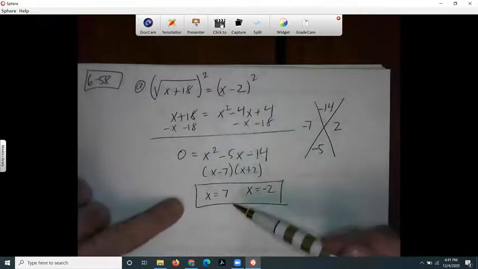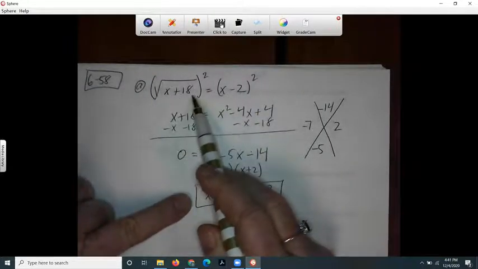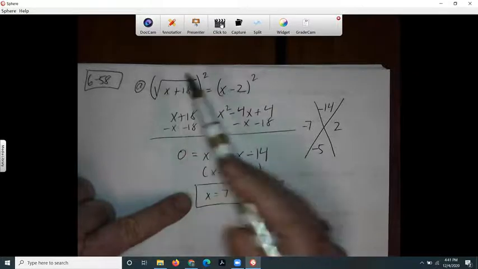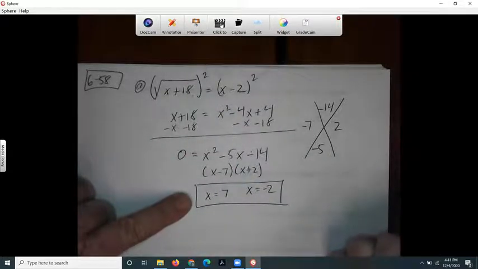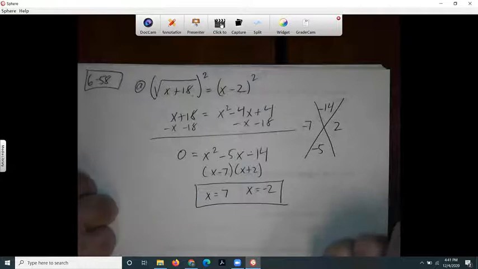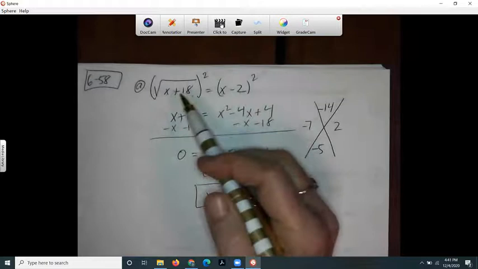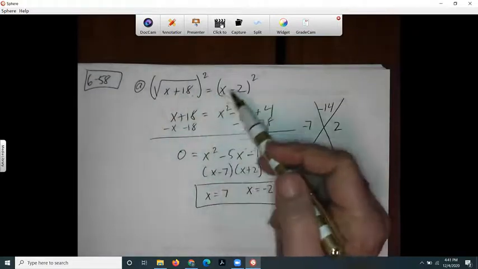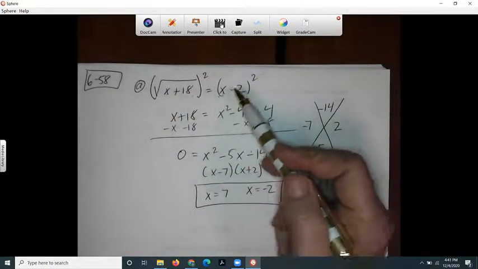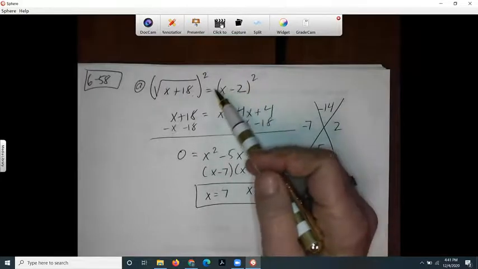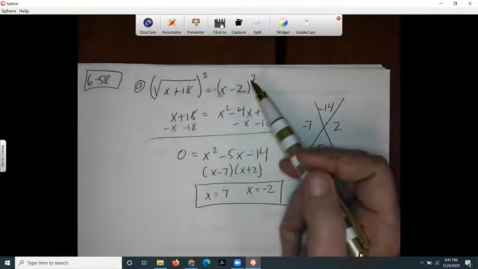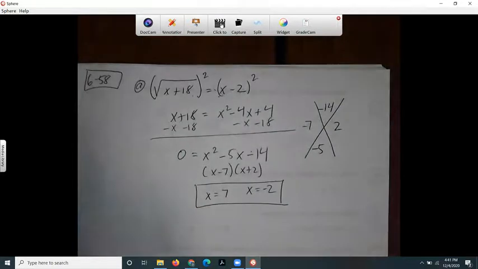So let's plug the 7 in. 7 plus 18, take the square root. What is 18 plus 7? That's 25. If I take the square root, is that equal to x? Sorry, 7 minus 5. Wait, what?